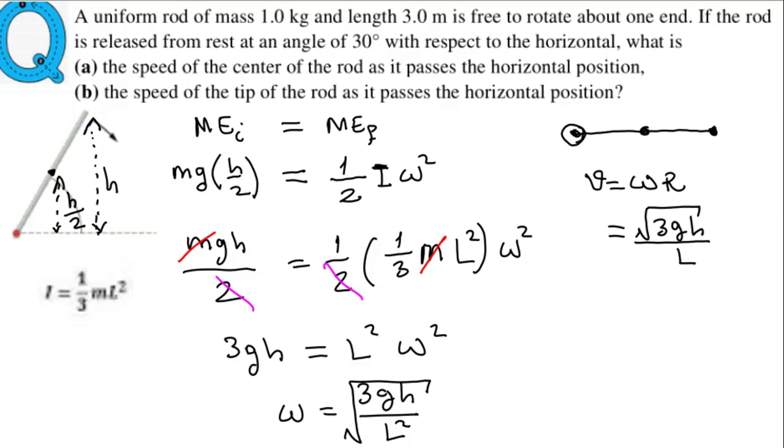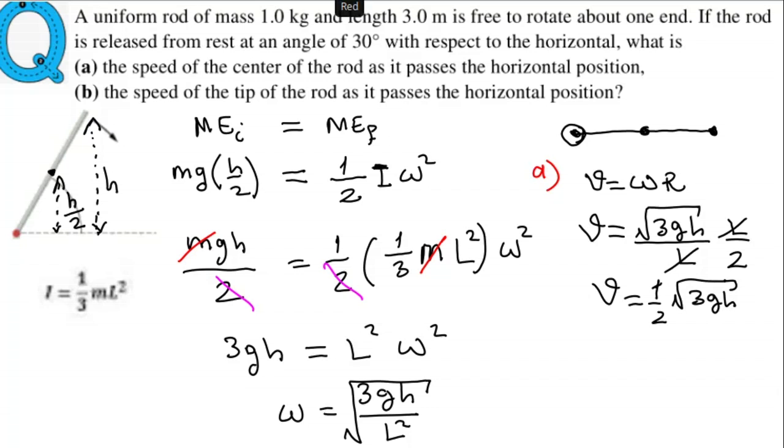In this case, for part A, r is half the length, L/2 times 1/L. It simplifies to 1/2 square root of 3gh.